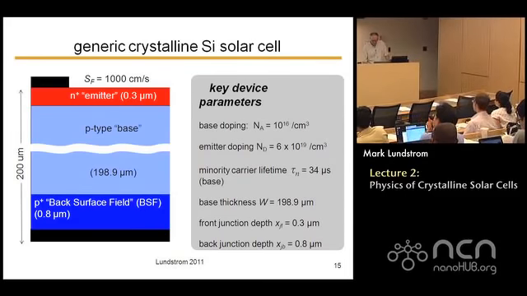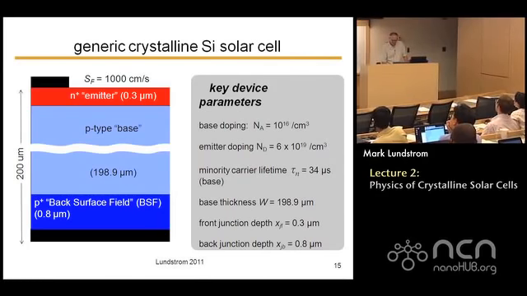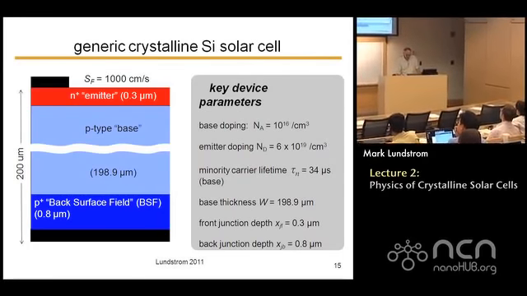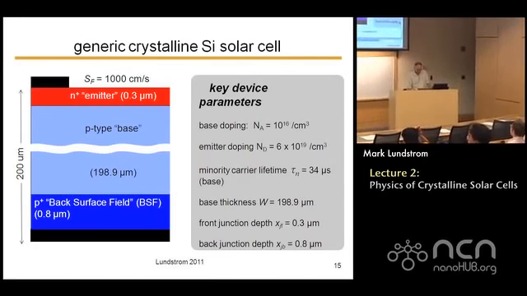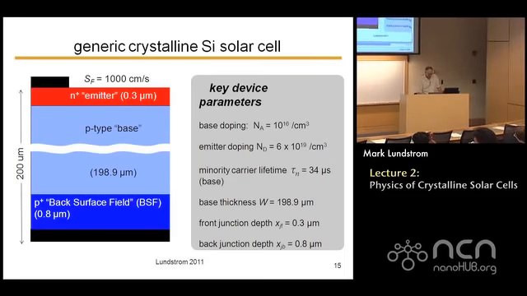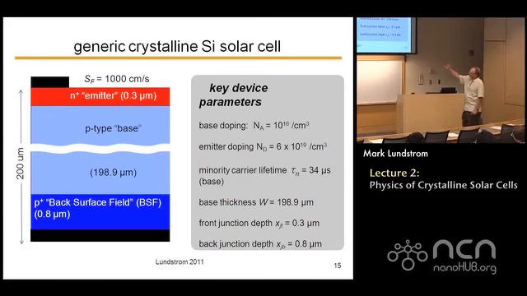Let's take a look at that structure. We can actually do a calculation of what that back surface field is. So the carriers get over that barrier that's created, and then they diffuse to the back surface and recombine.